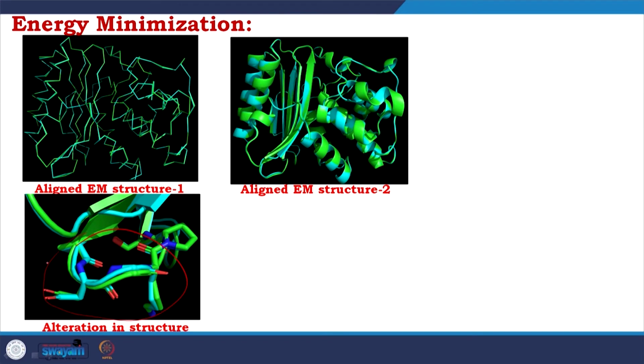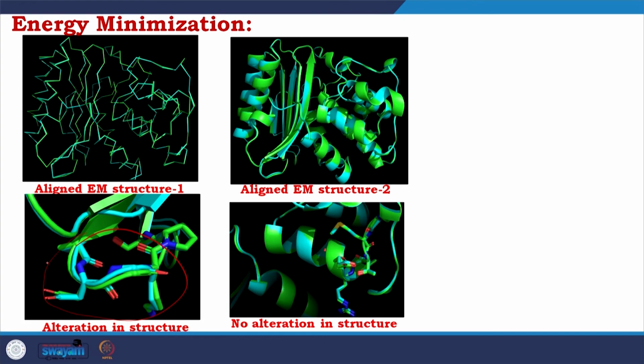Especially when you pick up structures from the experimental database, you do not see many changes, but you see changes here, whereas in other parts you do not see that many changes, but there are little changes also. So, changes are there, but not much.